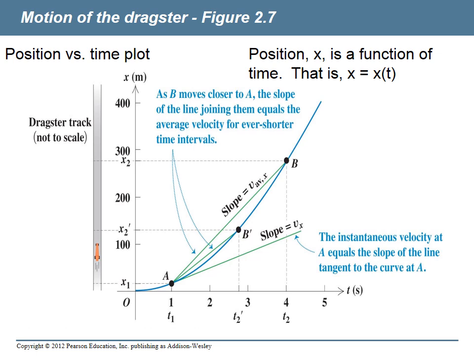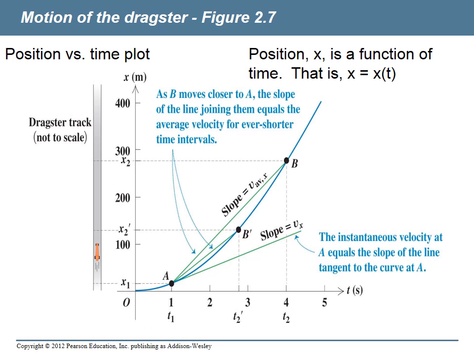The position x is a function of time. So we say x is equal to x of t, and that's what this blue line is right here. This is the position as a function of time. I have x plotted on the dependent axis, and I have t plotted on the independent axis.